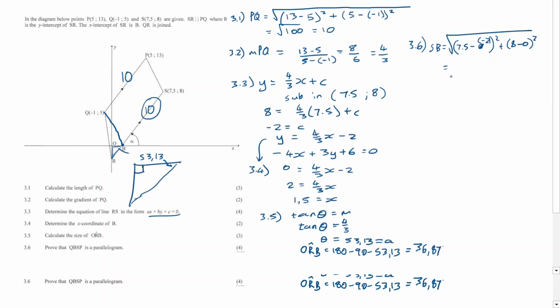That then gives me an answer of 6 squared plus 8 squared. Just one quick little change. Third time lucky. The x-intercept is 1.5 that we worked out here. That gives us an answer of square root of 100, which is 10. And so we've got that the lengths are the same, so the opposite sides are parallel and equal. Therefore, QBSP is a parallelogram.